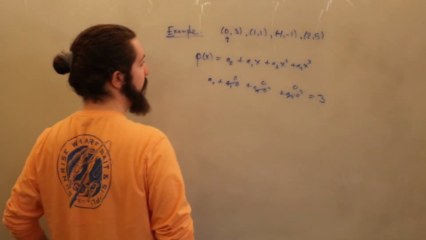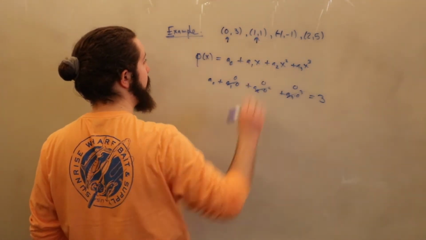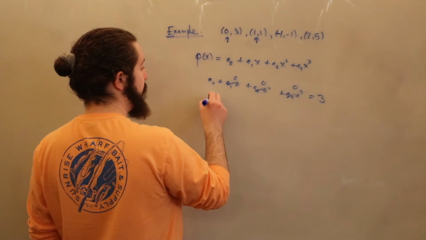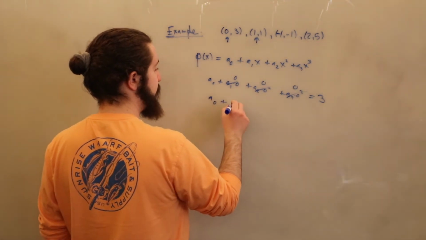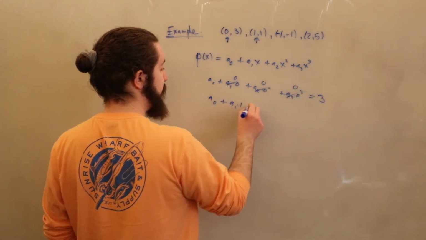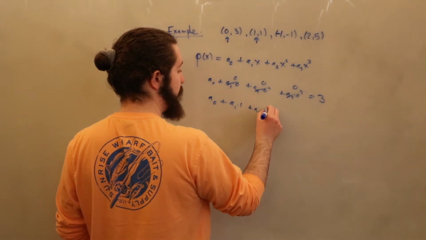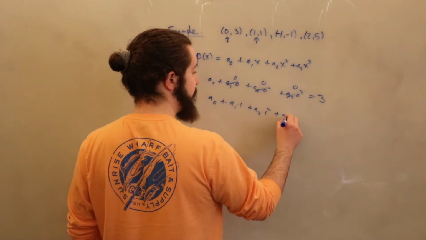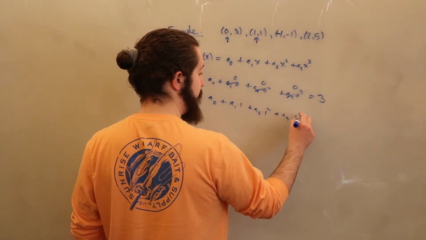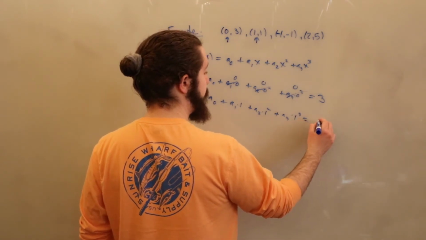Now our second equation coming from that point is going to be a0 plus a1 times 1 plus a2 times 1 squared plus a3 times 1 cubed is equal to 1.